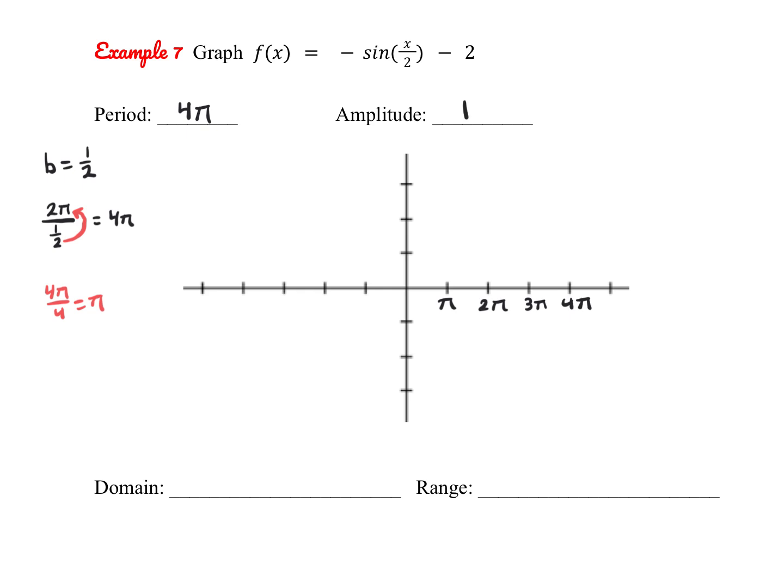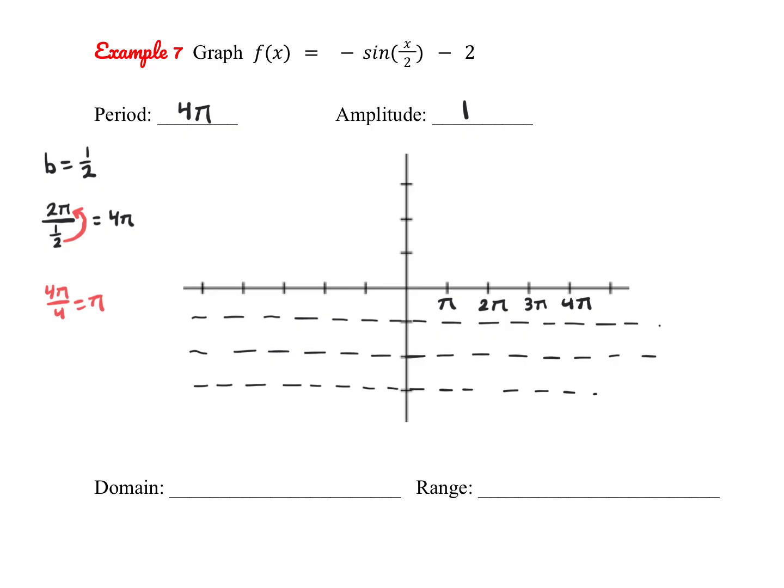My amplitude is 1. Remember, our amplitude is always positive. The negative is something else. And I do see that my midline is shifted down 2. So let's start by drawing in our midline. And then we go A units up, A units down. We start at the midline, but this graph, remember, has a negative out front. So instead of going up first, I simply go down first.